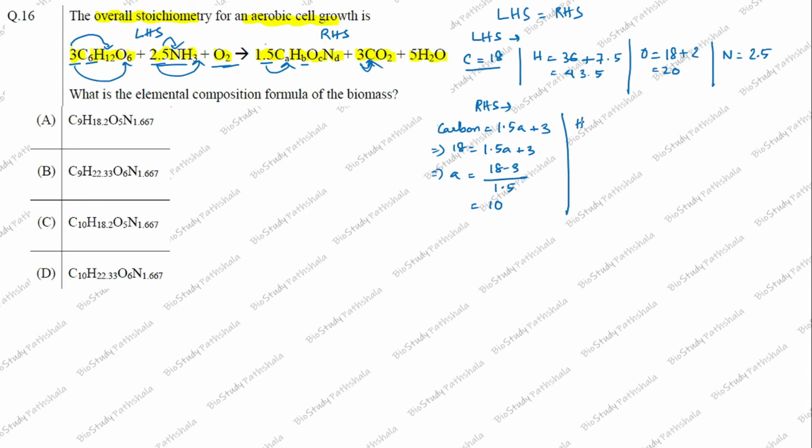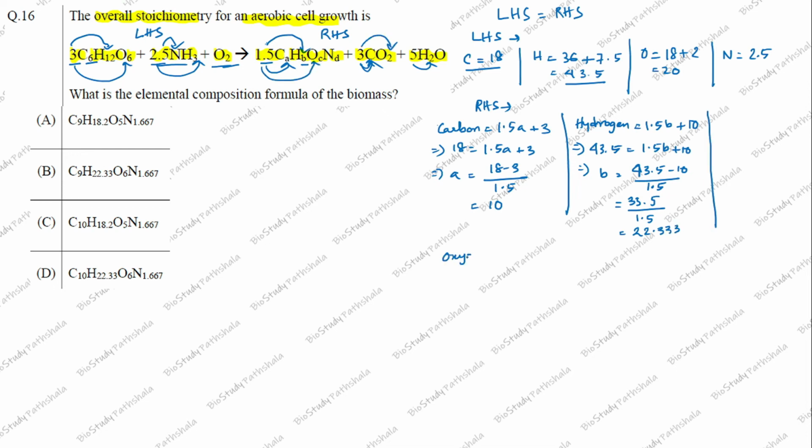So hydrogen is 1.5 into B plus 5 into 2, that is 10. So in LHS, the value of hydrogen was 43.5, which is equal to 1.5 B plus 10. So B will be 43.5 minus 10 divided by 1.5, which is 33.5 divided by 1.5, which is almost 22.333.